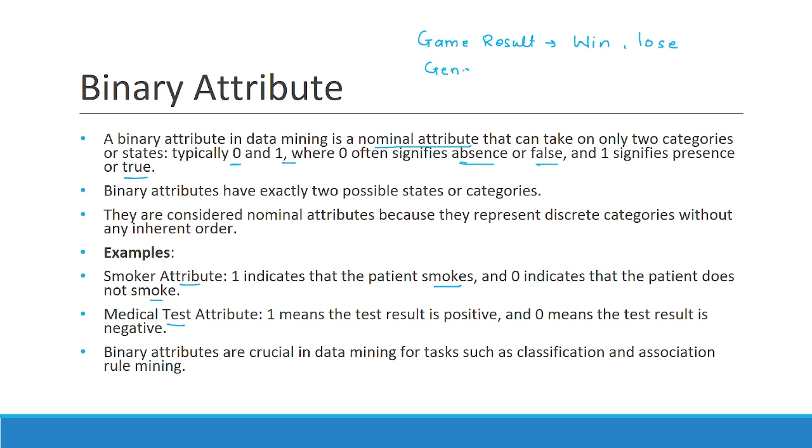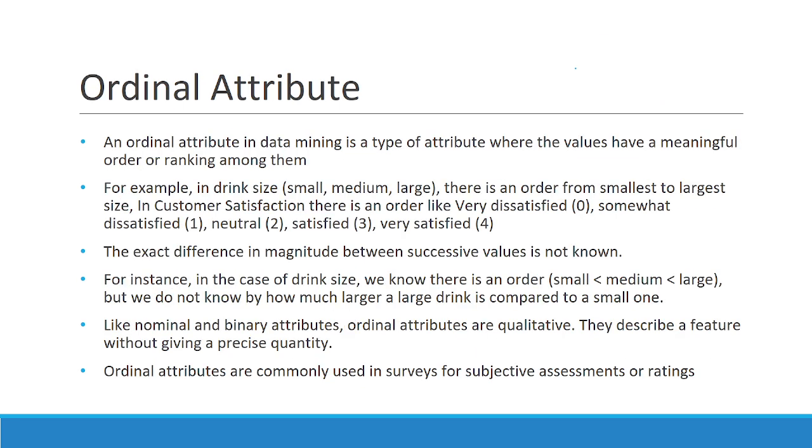Voting age: under 18 is false, 0, and above 18 is true, 1. We can say greater than 18, less than 18. Gender, if you take only two values, male and female, then it can be a binary attribute. Understood? It is very simple. It's nominal with two states. Okay, let us move further.